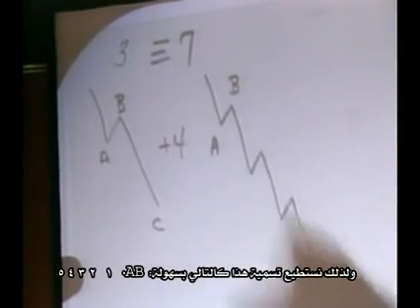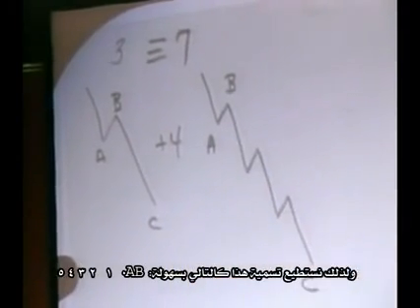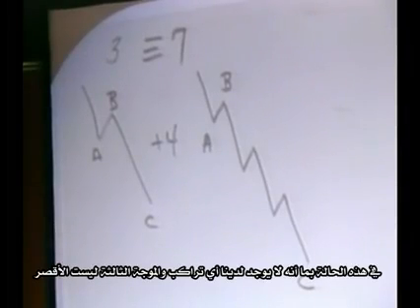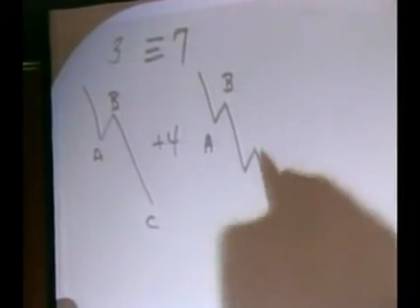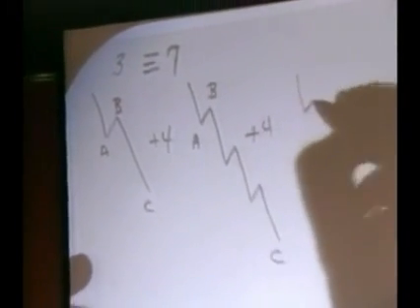Because I can label this, we said that in a zigzag, either the A or the C wave may only show one wave, and one of them could be a 5-wave structure. So this could just as easily be labeled A, B, 1, 2, 3, 4, 5. In this case, since we don't have any overlap, and the 3rd wave is not the shortest. Suppose I add 4 waves again.